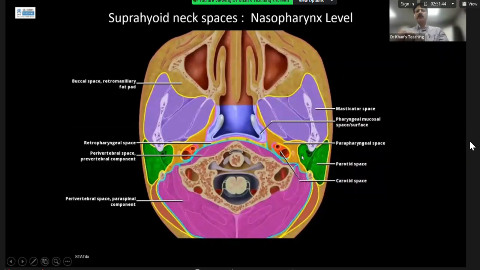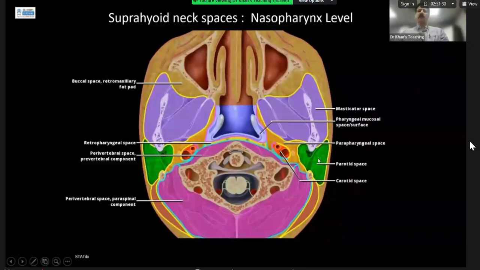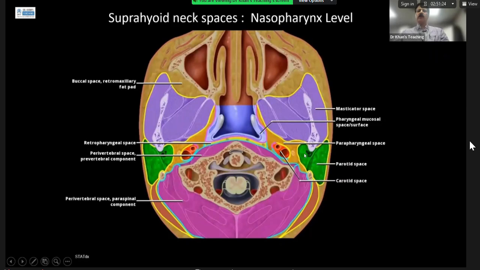So this thing here is your parotid space, and parotid space, as I told you, it will be just inferior to the temporal bone. And what happens is that the facial nerve passes through the stylomastoid foramen, which we are going to learn today, and then goes into the parotid gland.